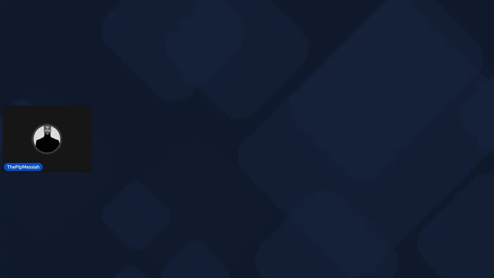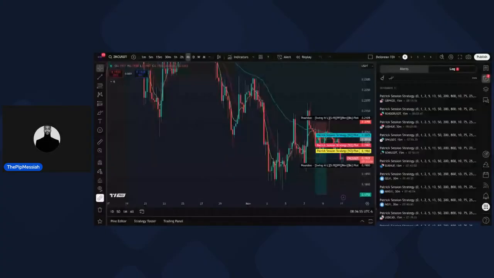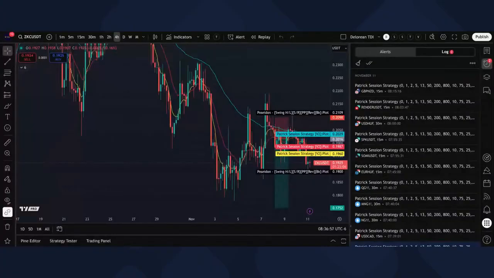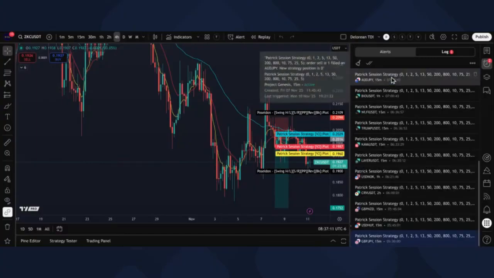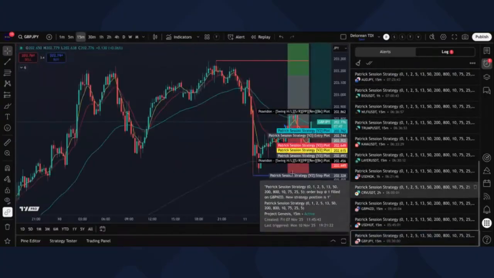Thankfully, I'm on a Chromebook, so I can hop right back into everything. All right, so we were on the way for a buy on Great British Pound versus Tether, I believe. No, Great British Pound versus Japanese Yen.